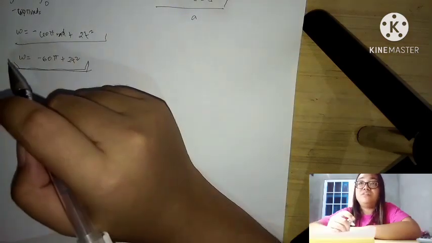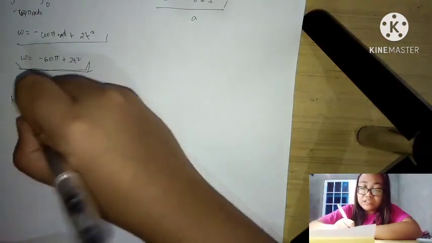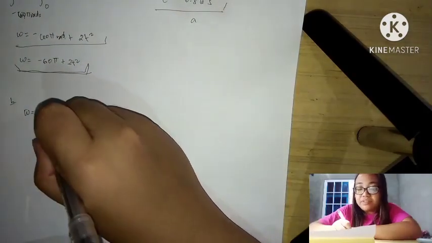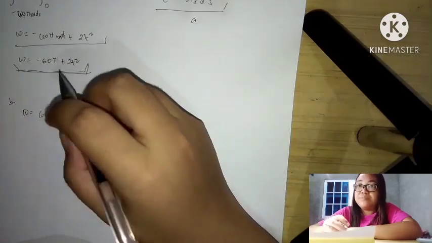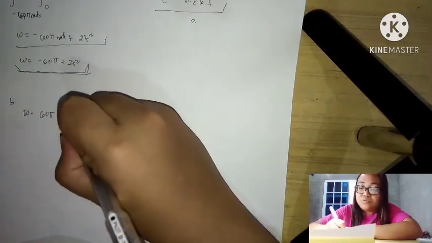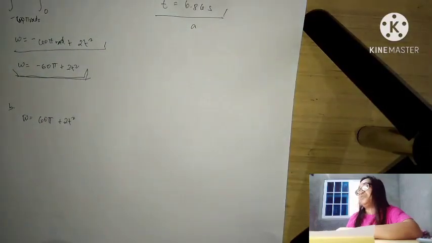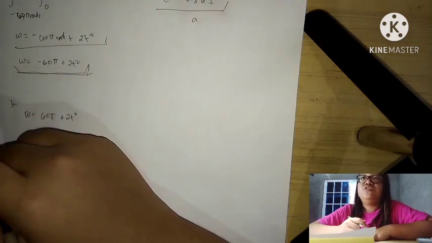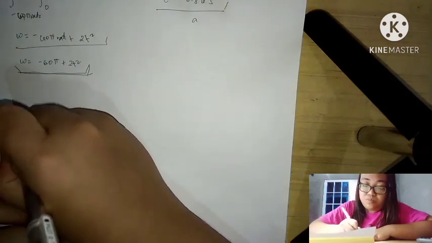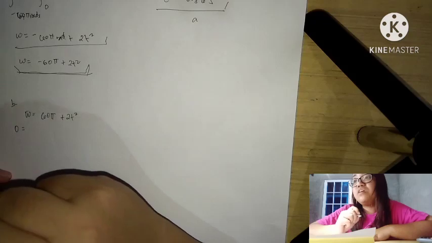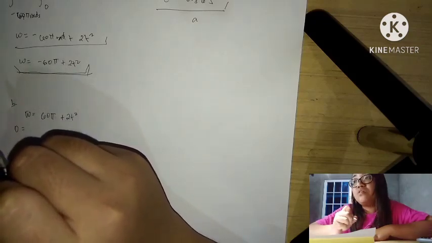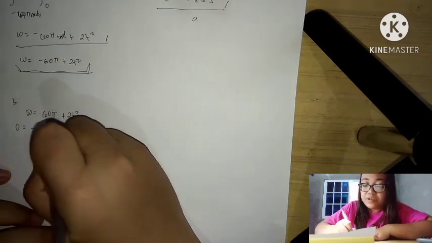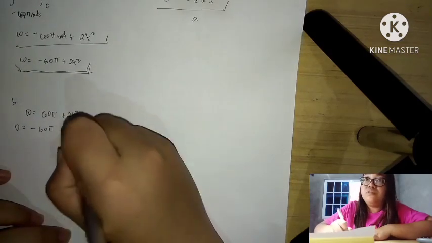So, gagamitin natin equation kanina. Omega is equal to negative 60 pi plus 2t squared. Kasi nga, sabi i-take natin yung omega as 0. So, 0 is equal to negative 60 pi plus 2t squared.